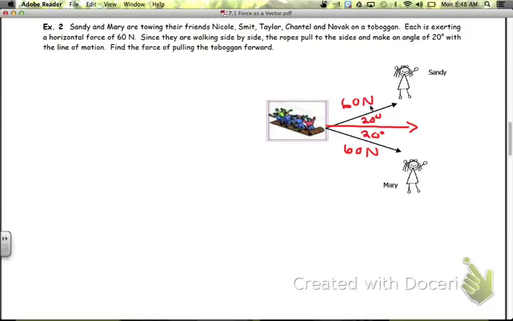Just by our laws of adding vectors, this is where Sandy is. We know this is 60 newtons. And our vector for Mary, because we add from tail to tip, is down here. This is as well 60 newtons. And this here is our force.